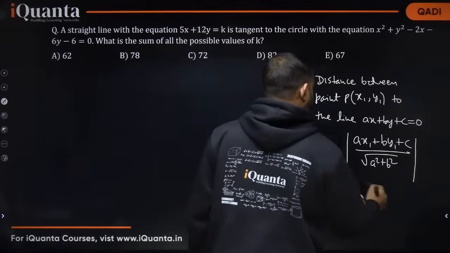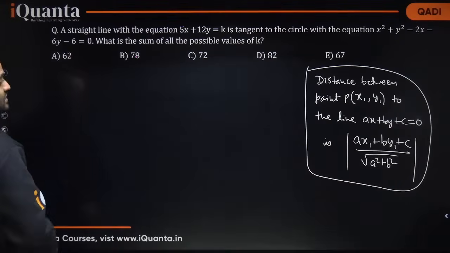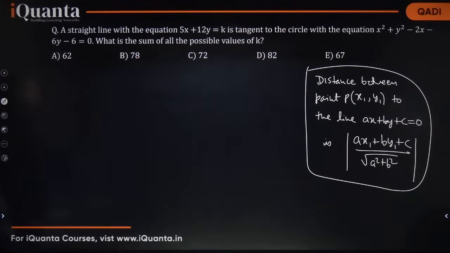This is the concept that will be used here. Distance between any point P and any given line. Distance means we are talking about perpendicular distance.